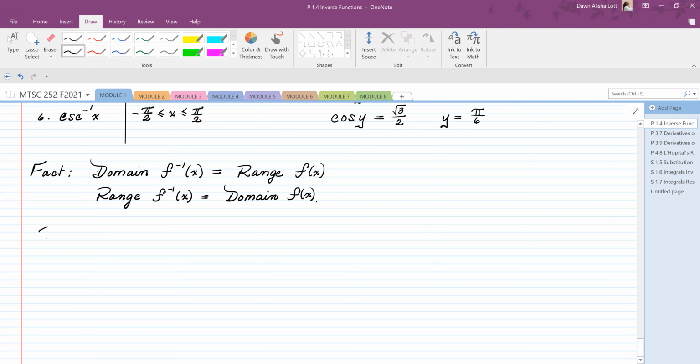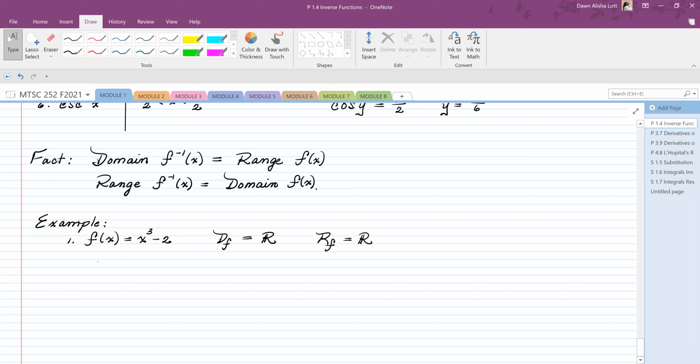So here's an example. Let's look at f of x. Here's the easy one. F of x is x cubed minus 2. So the domain of f is the whole real line. I can put everything in there. And the range of f is also R, the whole real line.